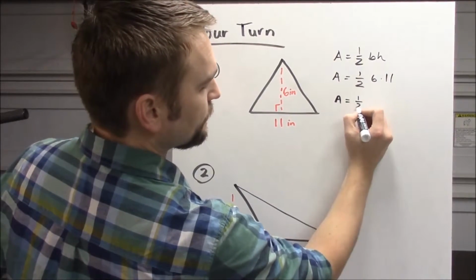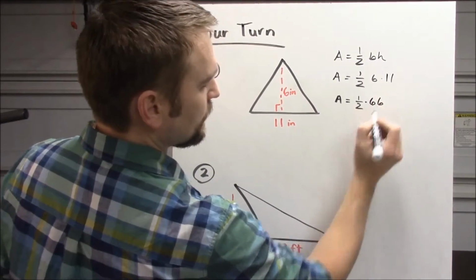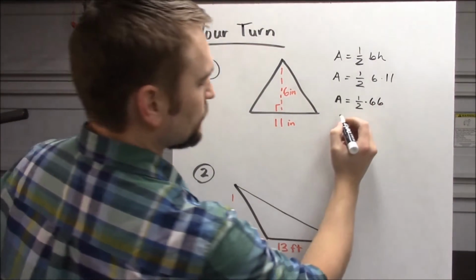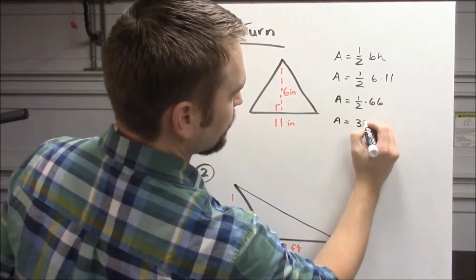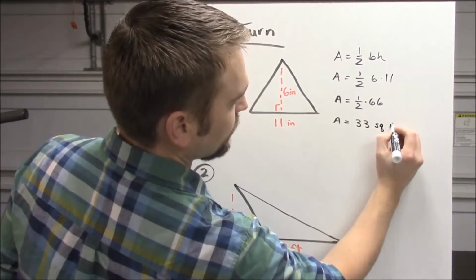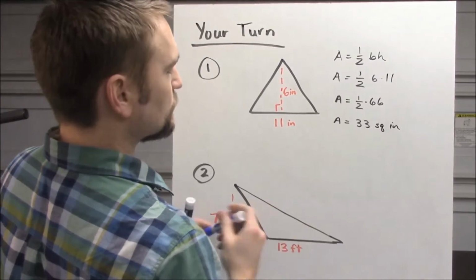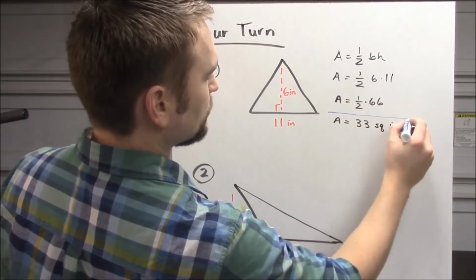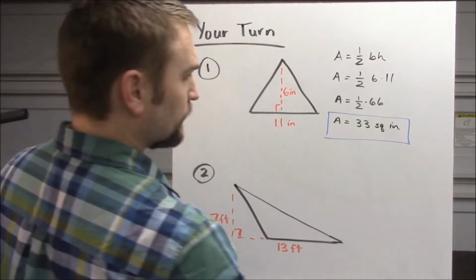So 1/2 of 6 times 11 is 66. And then my final thinking is area equals 33, and we're dealing with inches, square inches. So this would be the final answer.